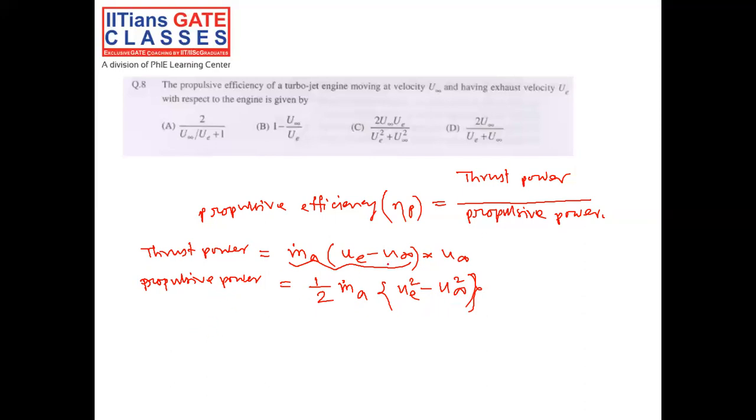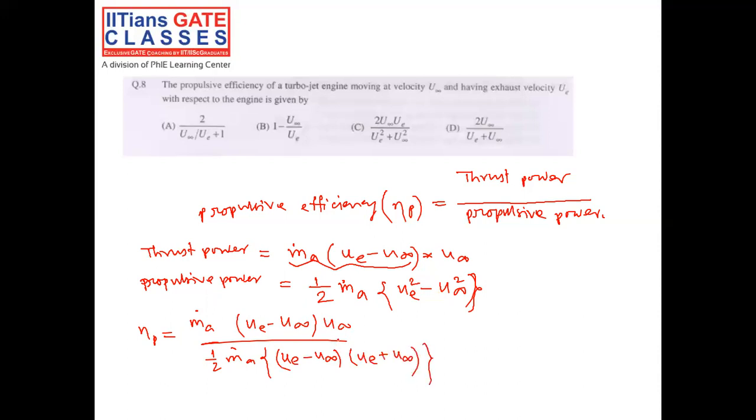So if we substitute this expression here, we'll get eta p as the thrust power divided by half m a dot. So ue square minus u infinity square can be written as ue minus u infinity multiplied by ue plus u infinity, right?